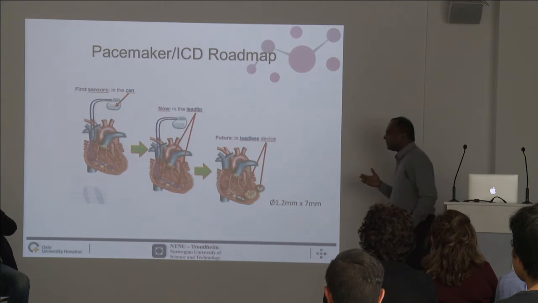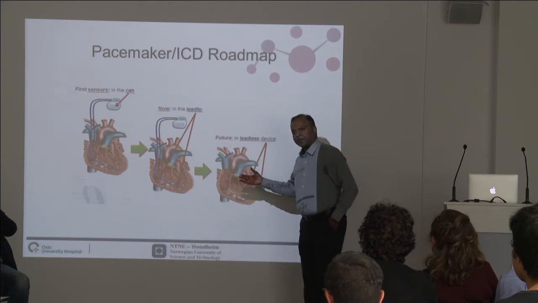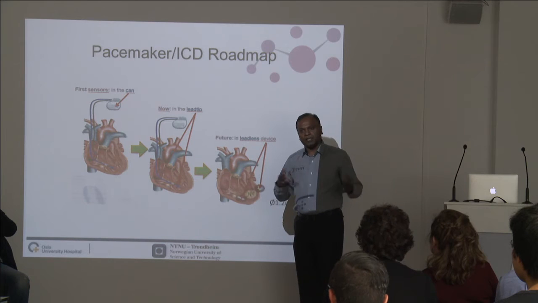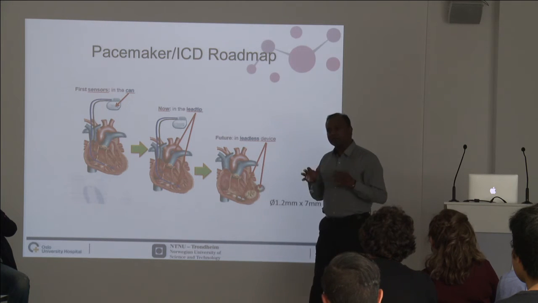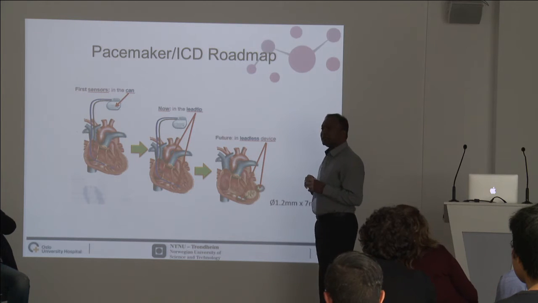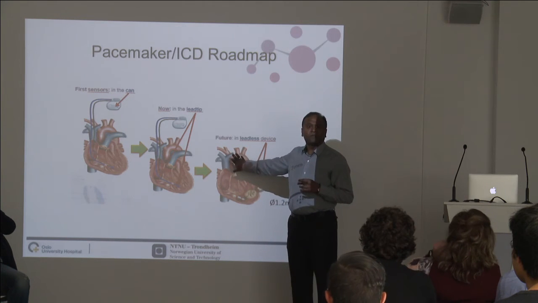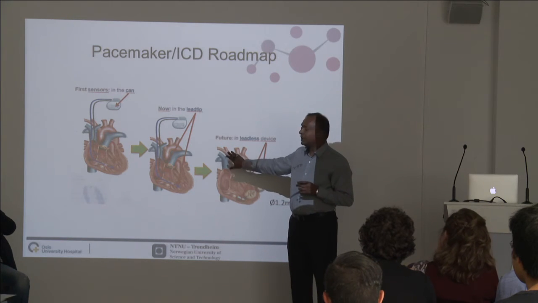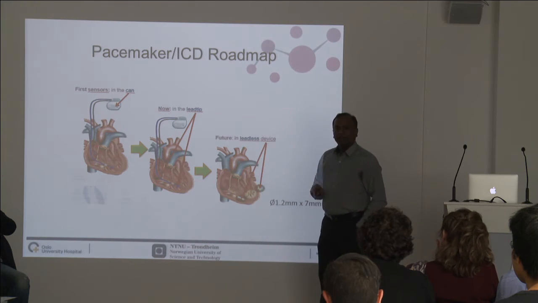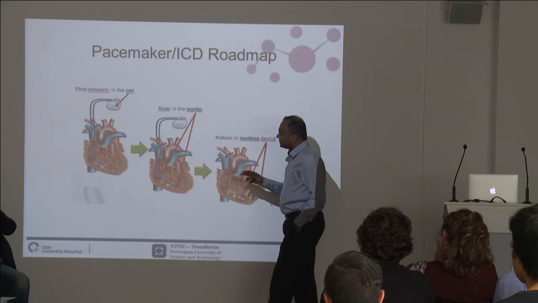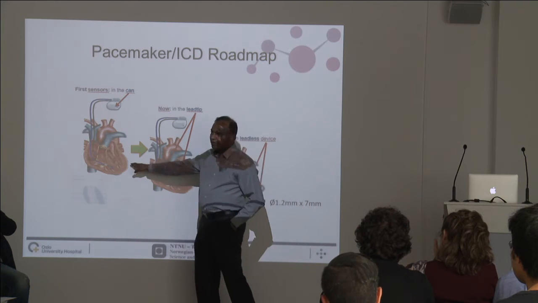From brain, there's another big industry. So brain is around 5 billion American dollars, maybe 10 billion. The pacemaker industry alone is $15 billion. So this is a huge industry. And this is the normal pacemaker.